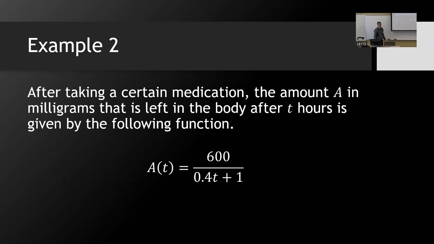Oh, we're almost out of time, so I'll just give you the rational scenario and talk through it. This is the amount of medication left in somebody's system. Eventually, it goes down to very, very close to zero, but it takes a while to get there. The amount after T hours is given by this, 600 divided by 0.4T plus 1.